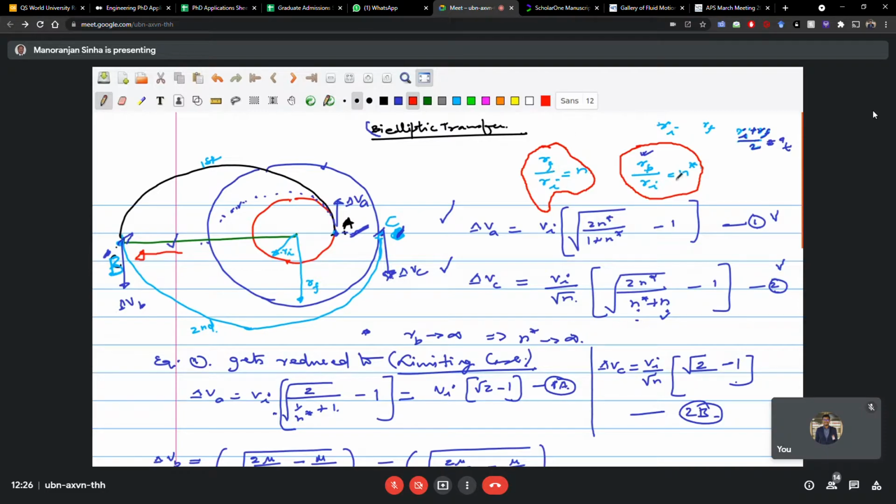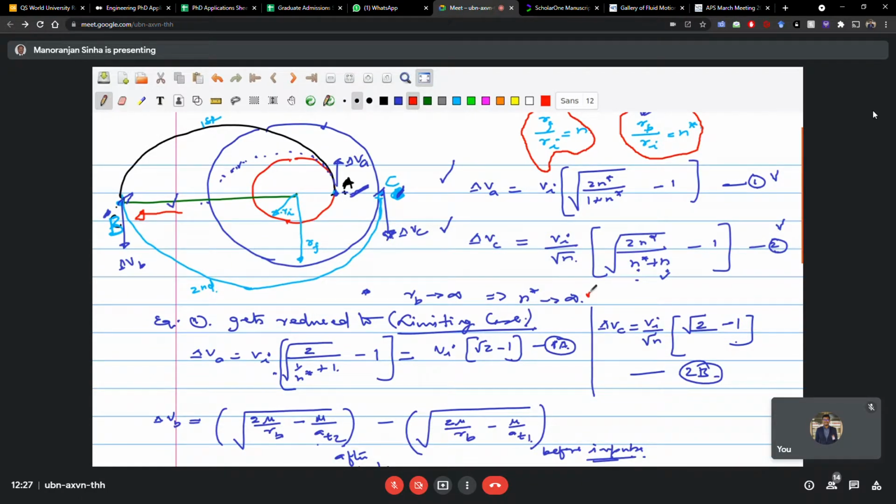So once we do this, N star tends to infinity and we insert it in these two equations 1 and 2. So equation 1 gets reduced to 2 divided by, just dividing the numerator and denominator by N star, 2 divided by 1 by N star plus 1, minus 1.